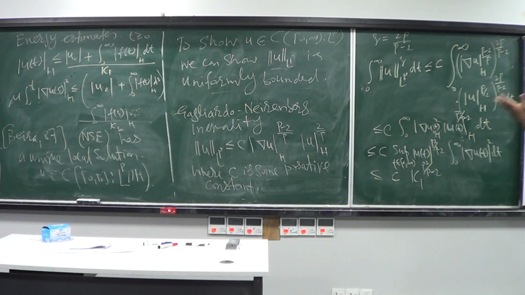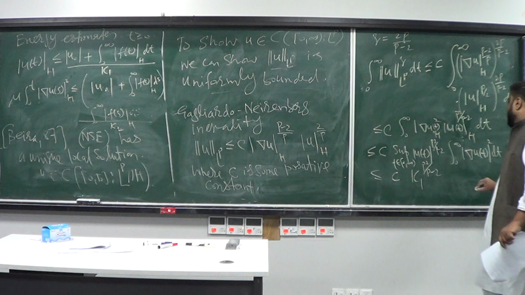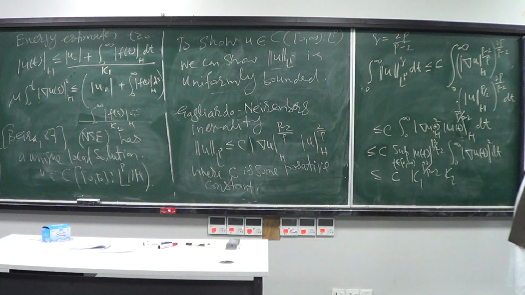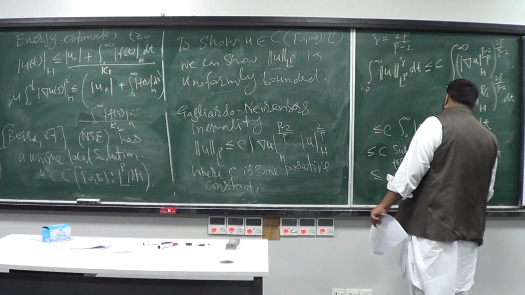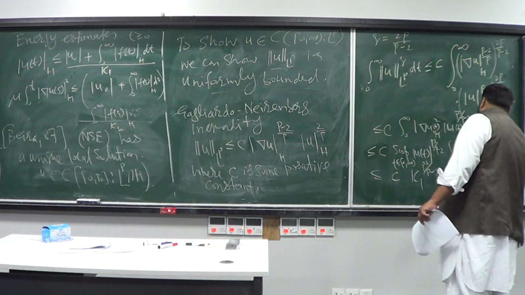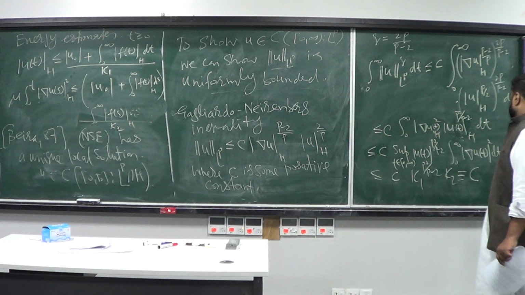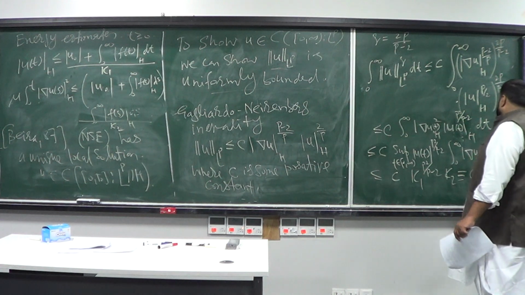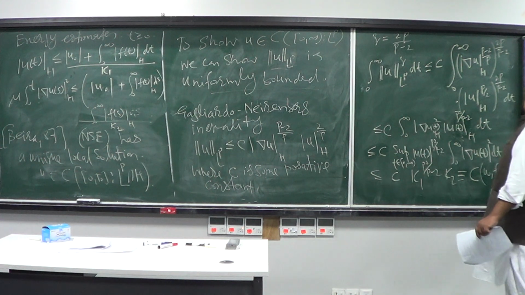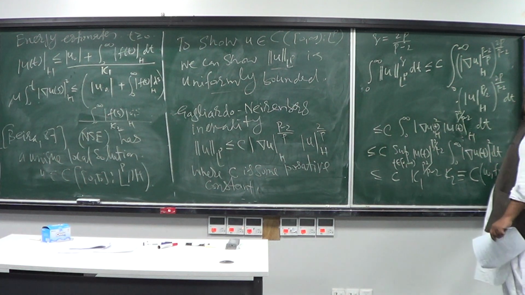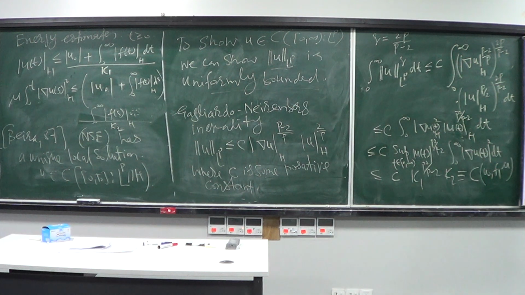So the supremum would also be less than or equal to this, and for this I know that it is less than or equal to k2. And I can call all of these things again a constant c, that depends on u naught, on f, and on the kinetic viscosity mu. So it depends on these three things.